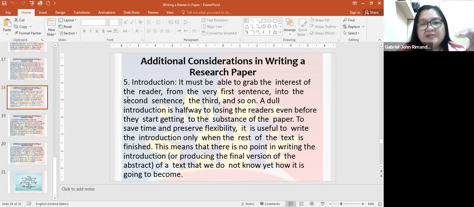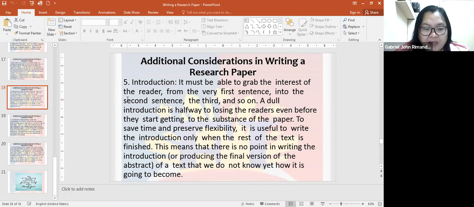Now conduct your research, and whatever is the result of your research, okay, go back to your introduction page. Then write a paragraph about your results and discussions. Then the last part of your introduction would be your conclusion and recommendation. If you have not made your conclusion or recommendation, don't finish off your introduction.